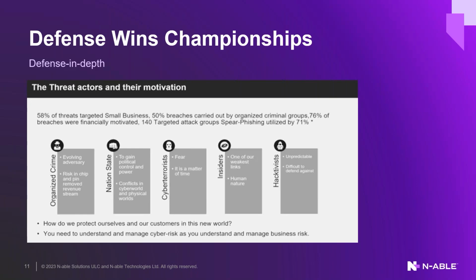This is what they do. Insiders. Now, these are one of our weakest links. Typically, there can be somebody on the inside who is also trying to steal information. And then also things like hacktivists. They're obviously unpredictable, difficult to defend against. You never know where they are, that kind of thing.